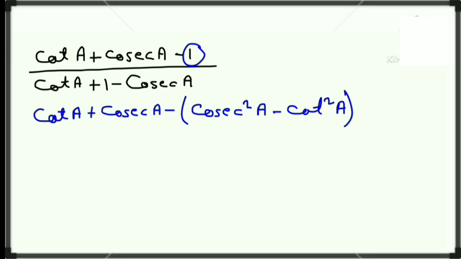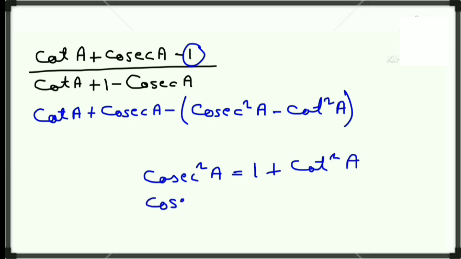We have identity cosec square A equal to 1 plus cot square A. Again, cosec square A and plus cot square A comes to LHS and becomes minus cot square A, and here remains only 1.